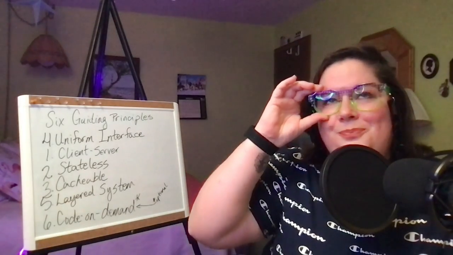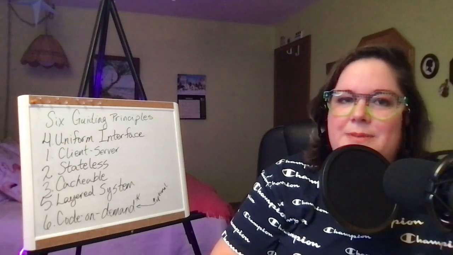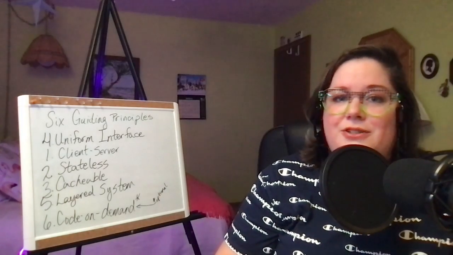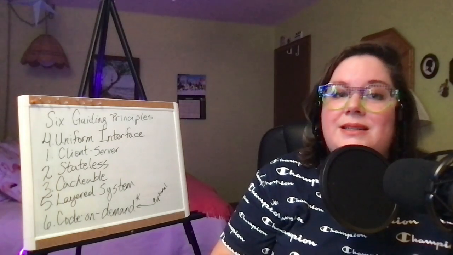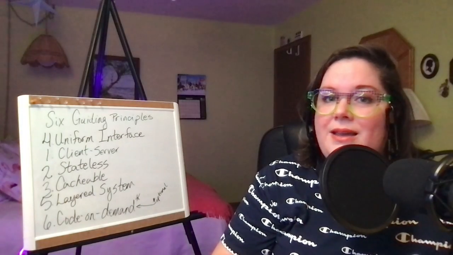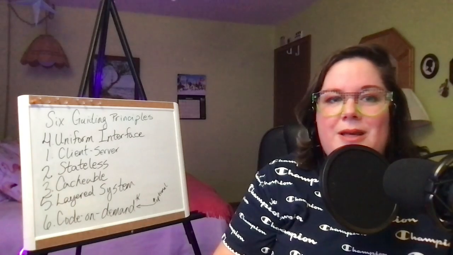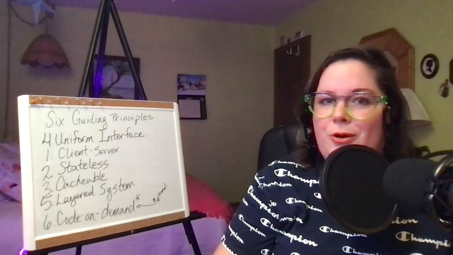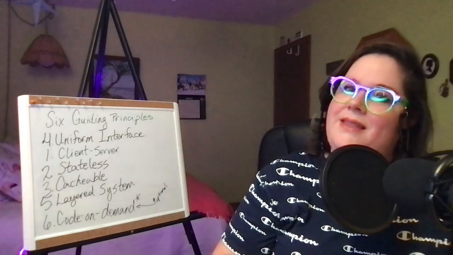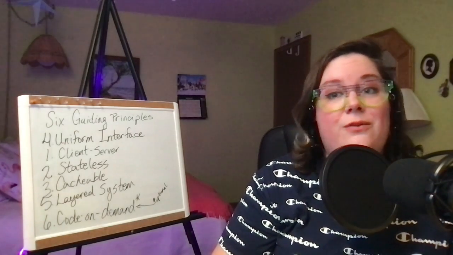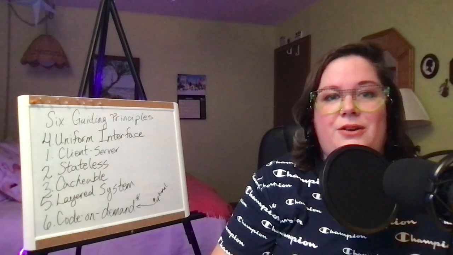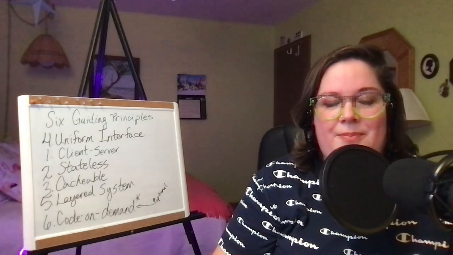So this one feels pretty self-explanatory as it is the central feature that distinguishes REST from other network-based styles. Basically, once you become familiar with one API in a RESTful project, you should be able to follow the same or similar approach for all the other APIs in that project. This includes ensuring that resources should only have one URI, and that is where you fetch all of your related data.